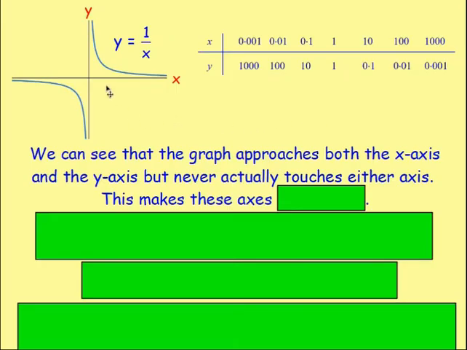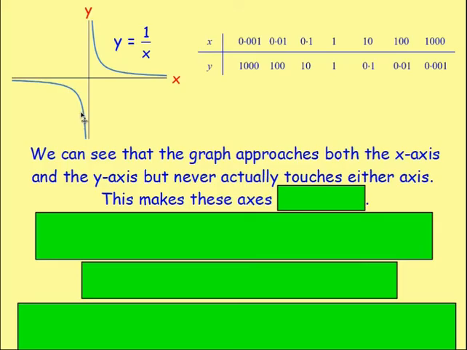What that does is it makes the x-axis and the y-axis in this example very special. Because as x gets bigger and bigger, the graph is getting closer to it. It's the same with y. As y goes off towards infinity, the graph is getting closer to it. And it's the same here. As x goes towards negative infinity, the graph gets closer and closer.